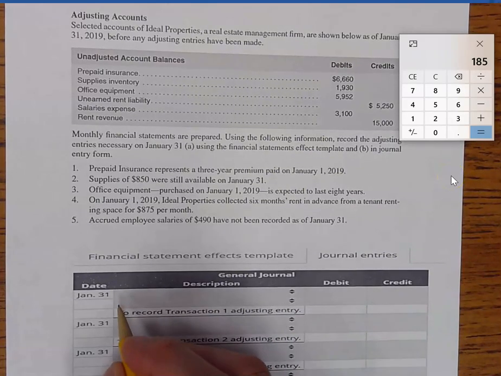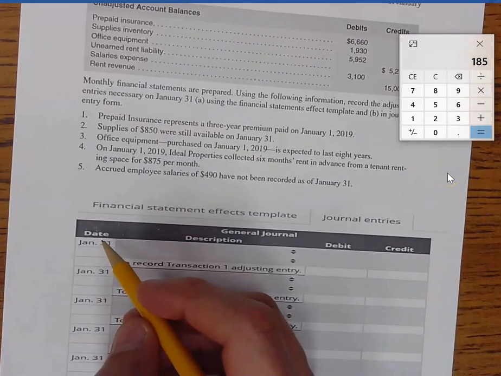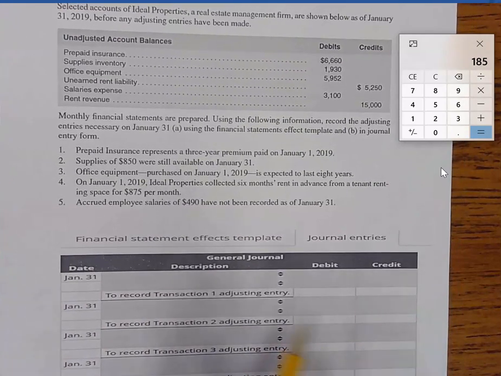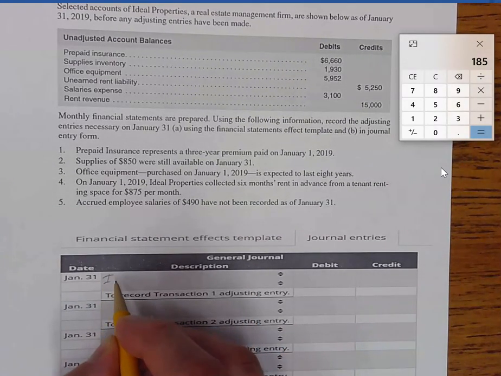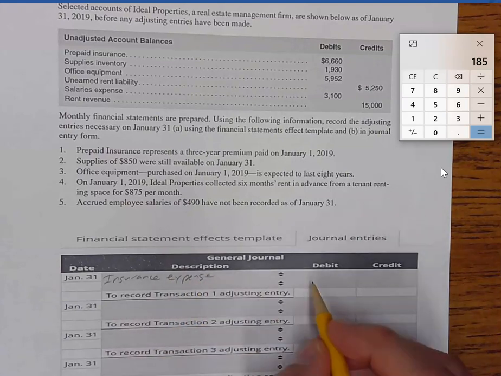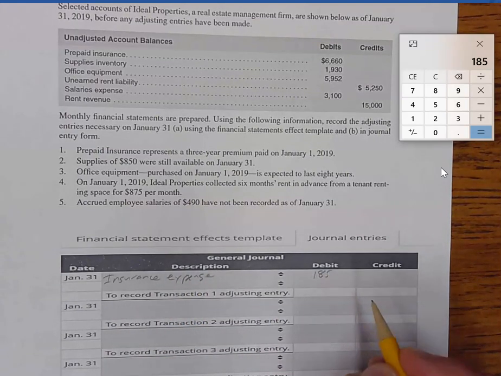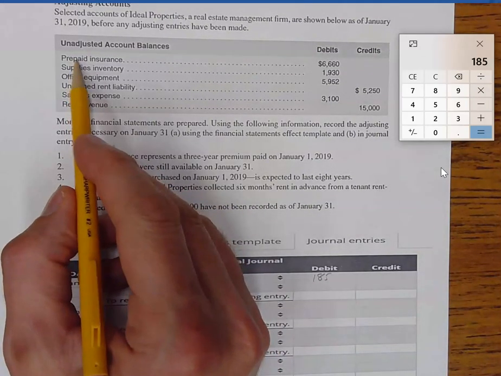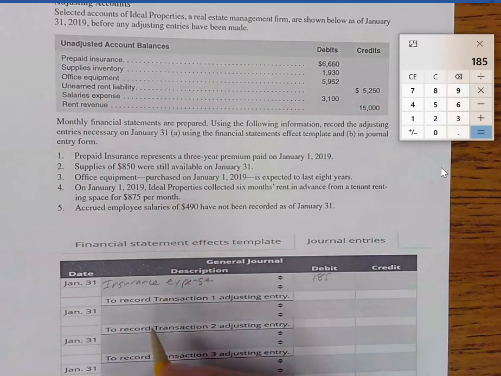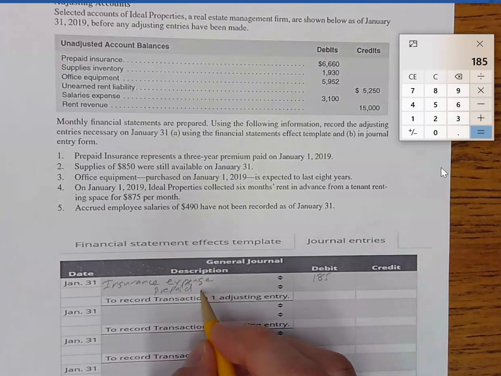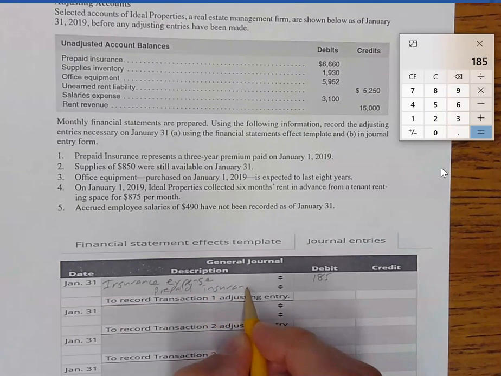On January the 31st, and notice that all of these dates will be January 31st, we're going to recognize an expense, insurance expense, as our debit amount for $185, and our prepaid insurance, which is an asset, has gone down by that same $185.